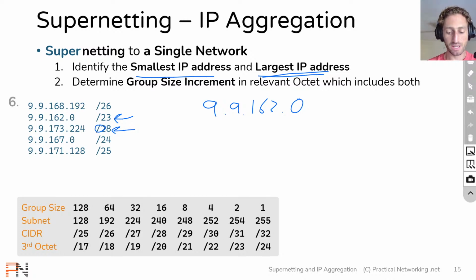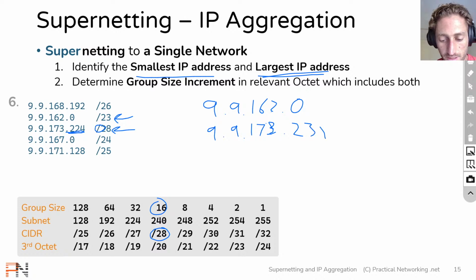This is a /28. So a /28 is right here. So we have the increment of 16. And again, since it's a /28, we're in the fourth octet, which means the next network is going to be 224 plus 16, which gets us to 240, which means the broadcast IP address is going to be .239. So 9.9.173.239.